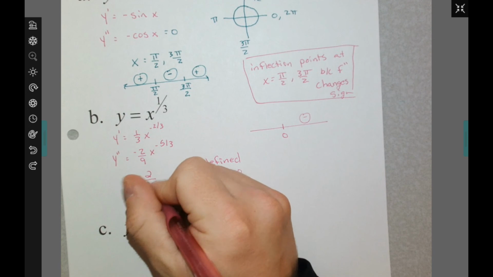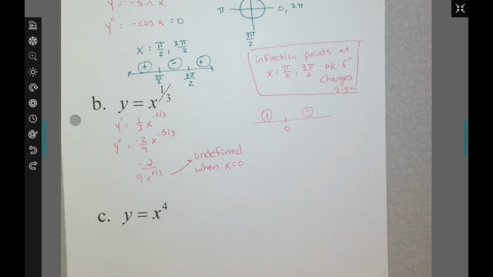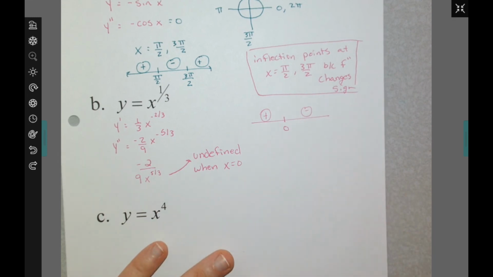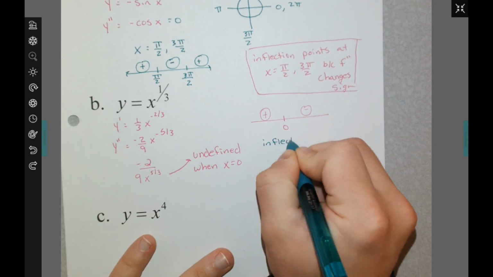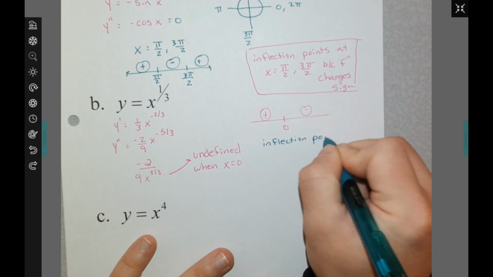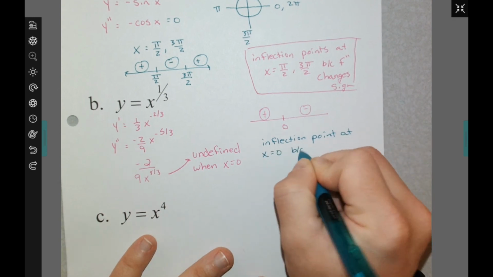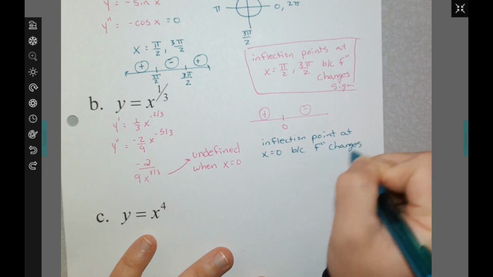If I plug in a negative value, we're going to get negative divided by negative, so it gives me a positive. Therefore, we're going to have an inflection point at x equals 0 because f double prime changes sign.